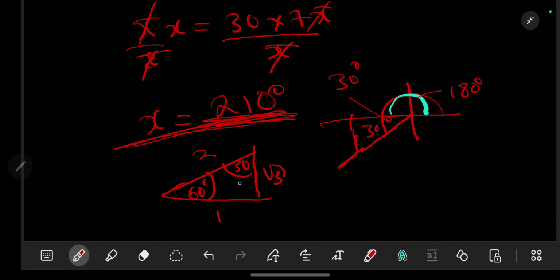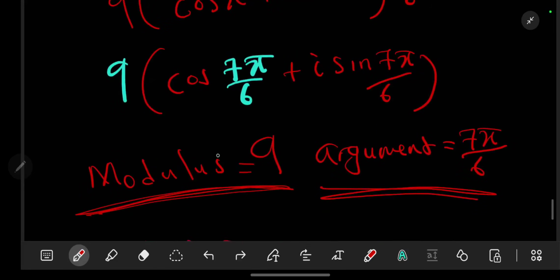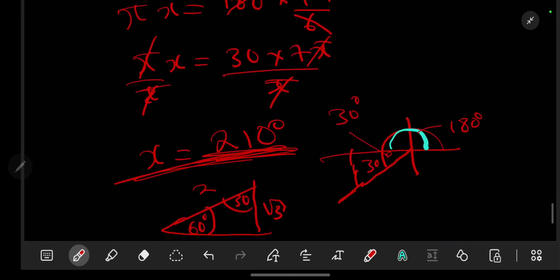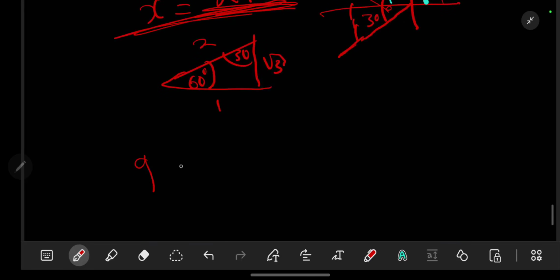So for cos of this one, it will be cos of 7 pi over 6. It will be negative because it's in the third quadrant, and in the third quadrant cos is negative. So we have 9 by, it will be cos of 30 degrees is adjacent, which is root 3 over 2, like that. Then we have plus our i.